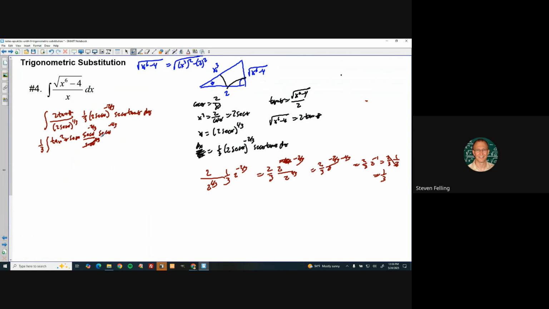So this is equal to 1/3 integral tangent squared. Now we have a secant times a secant to the negative 1, which just means it's 1 over secant. So the secants totally cancel out, and you end up with 1/3 integral tangent squared theta d theta.